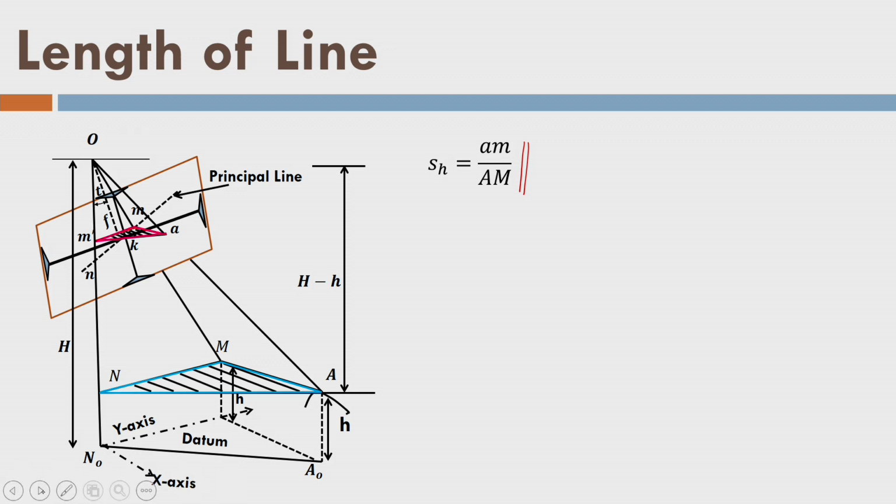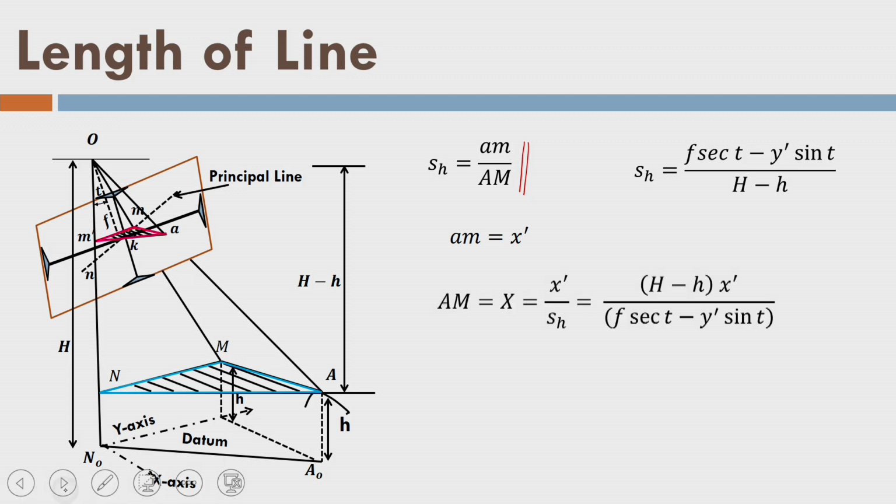AM is this distance in the red triangle. Now, AM is equal to x dash, perpendicular to the principal line, which is nothing but the y dash line in the photograph. So, AM is the x coordinate in this x and y axis system, this is my y axis. AM is nothing but this measurement, capital X, and that is x dash divided by SH, given this way. You can refer to the previous slide for the final expression.